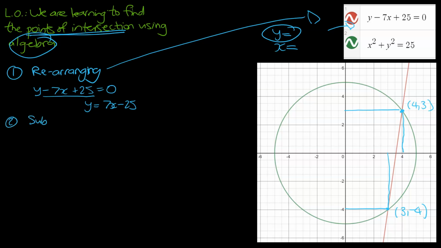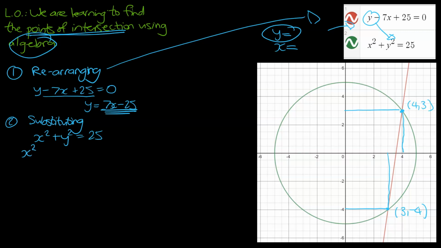Step number 2, substituting. Now that we know what y is equal to, we're going to put that y into our second equation, so we are solving these equations through substitution. So let's write down our equation: x squared plus y squared is equal to 25. And as I said, we're going to substitute 7x minus 25 as y.